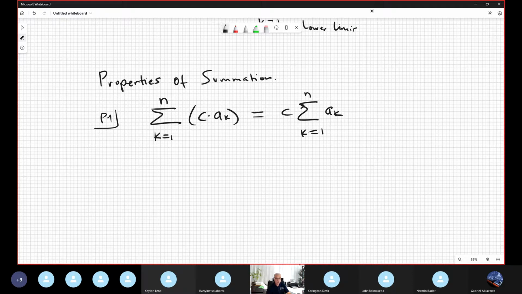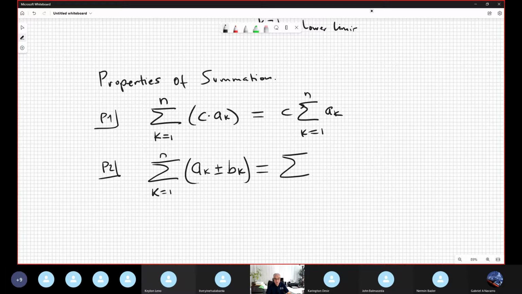Property number 2, super important. When you have the summation from k equal 1 to m, and inside the summation two sequences, plus or minus, doesn't matter, you can separate it like that. This is obvious, right?